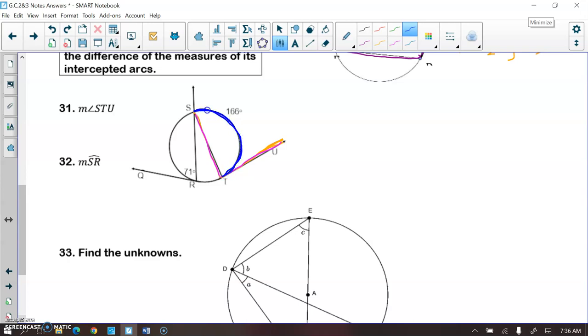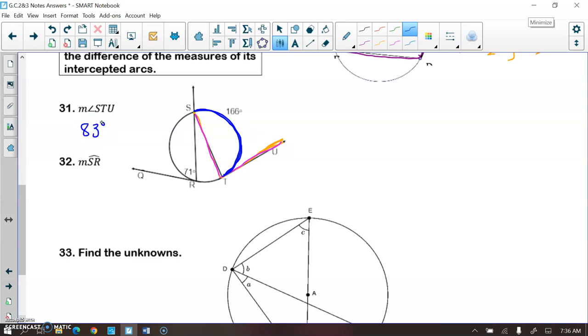We can kind of think of this as an inscribed angle because it looks similar to an inscribed angle, and it also has the same rule as an inscribed angle. I would just take half the arc. So 166 divided by 2 gives me 83 degrees.